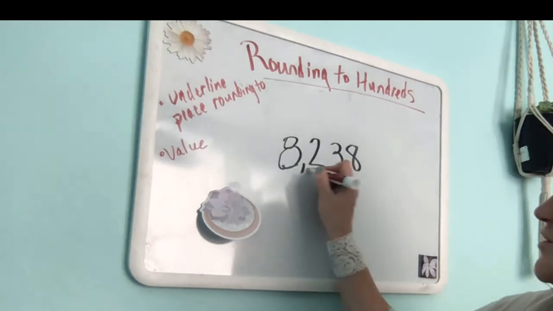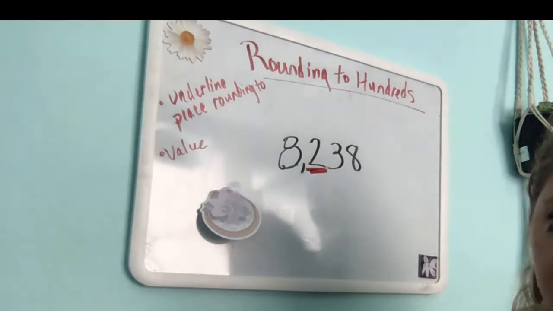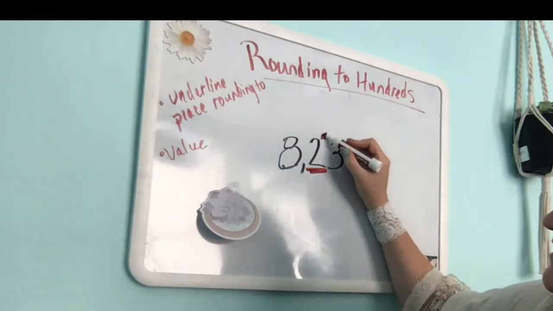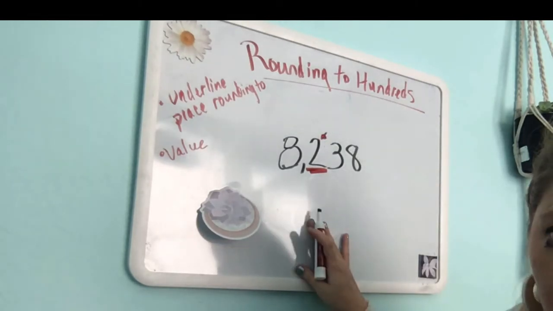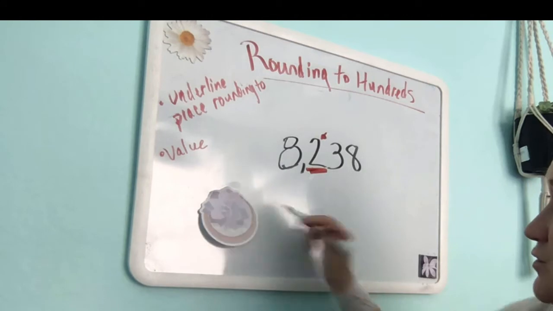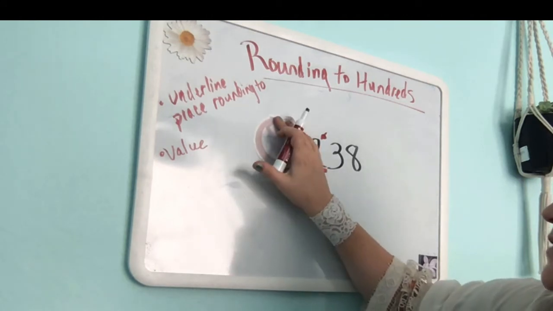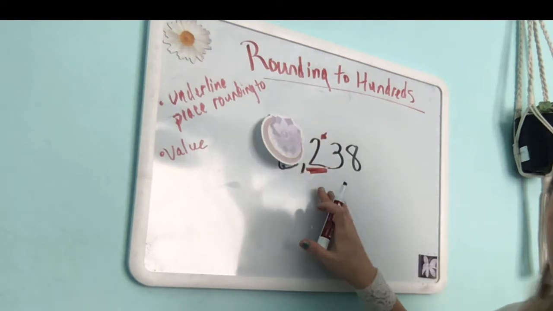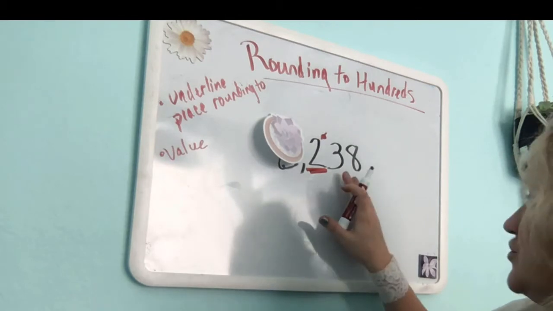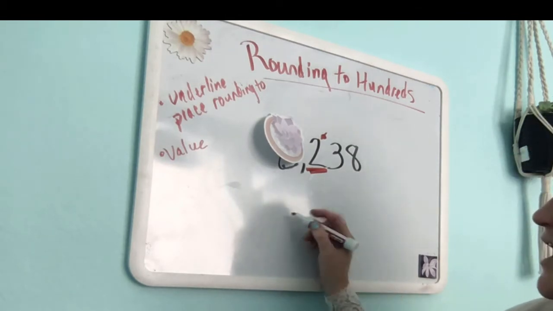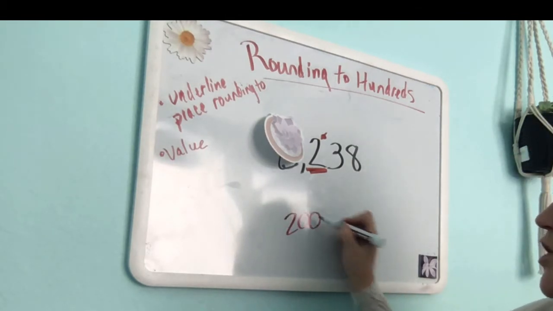I'm going to underline the place that I'm rounding to. I'm going to look and see what is the value of that 2. I'm going to cover up this part, so I'm looking at a smaller set of numbers, 238. That 2 has a value of 200.